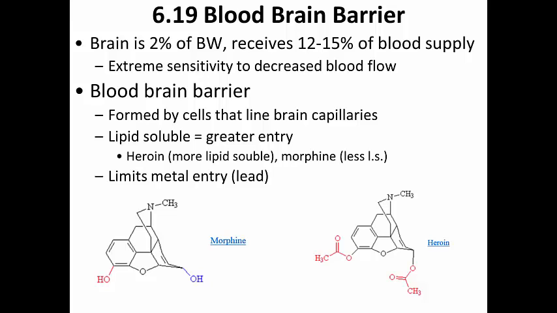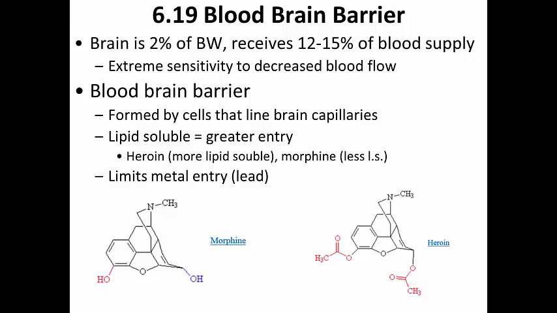So what we're saying is that the brain needs a tremendous amount of blood, but the body is very picky regarding what it allows to exit that blood that is sent to the brain. And so we assign the name blood-brain barrier to the structures associated with the capillaries found in the brain that largely limit what can exit these capillaries.